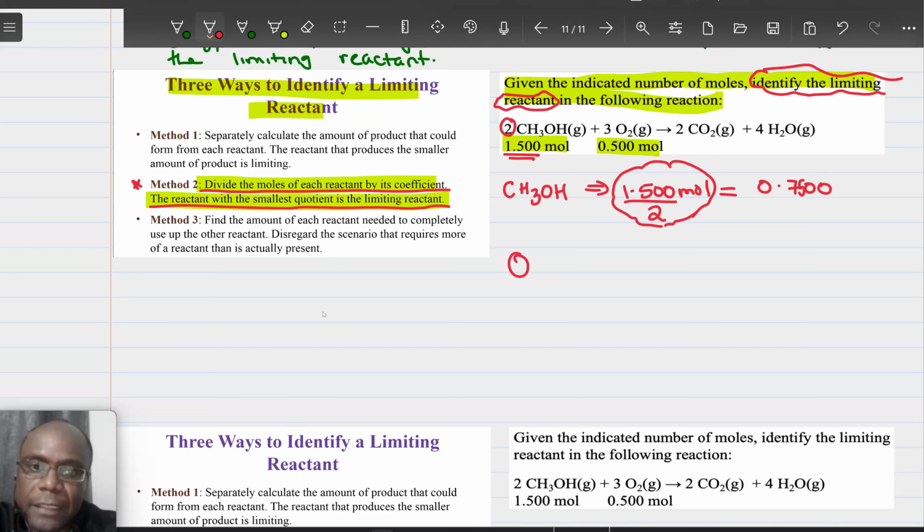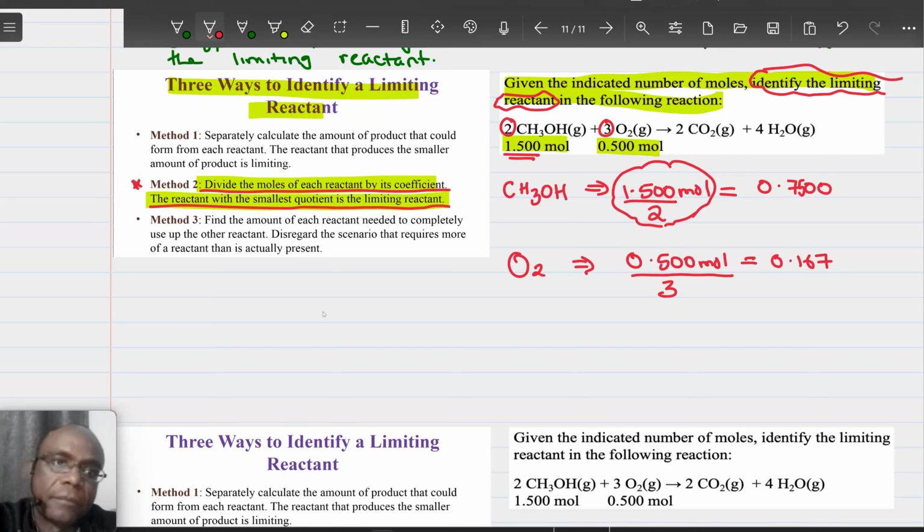So that is the quotient of methanol. And then now I test oxygen. Oxygen amount is 0.500 moles. Divide by its coefficient number 3. The answer should be 0.167. Which of these two gives you the least quotient? Method 2 tells us that the reactant with the smallest quotient is the limiting reactant. So again, it's going to be oxygen.